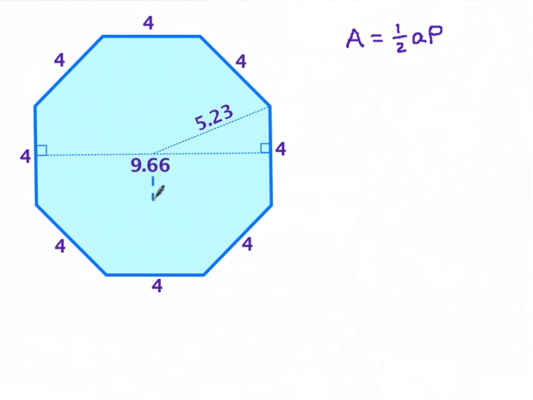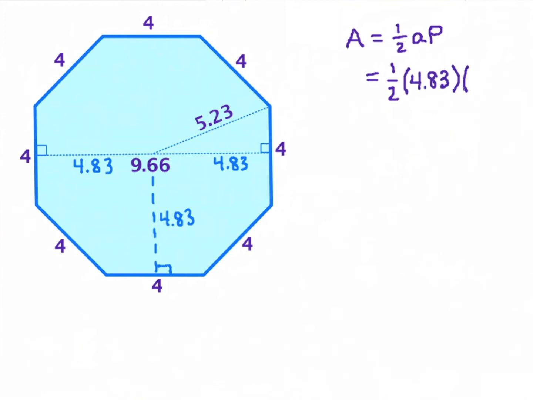So in this case, the apothem is just going to be whatever 9.66 divided by 2 is, which is 4.83. And just a reminder that that apothem helps us find the area of each of those triangles. But once we know what the apothem is, we're just going to use this handy formula, 1/2 apothem times the perimeter of the entire octagon.